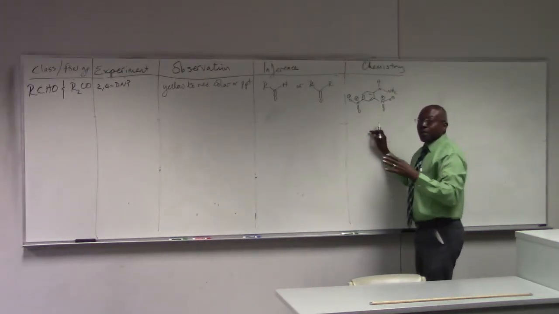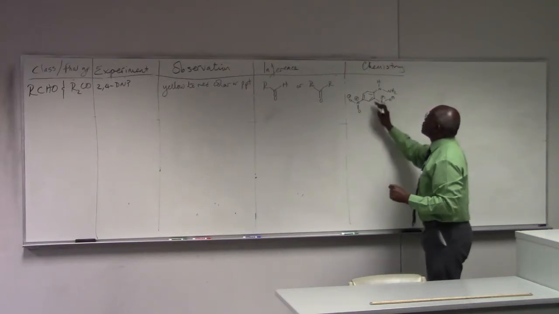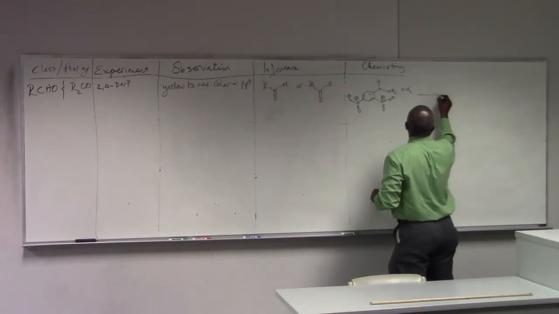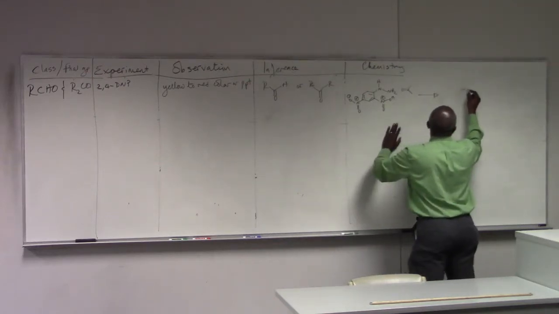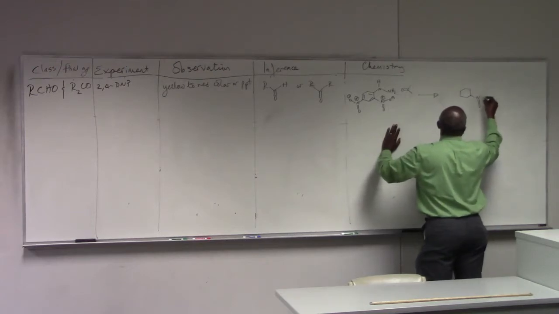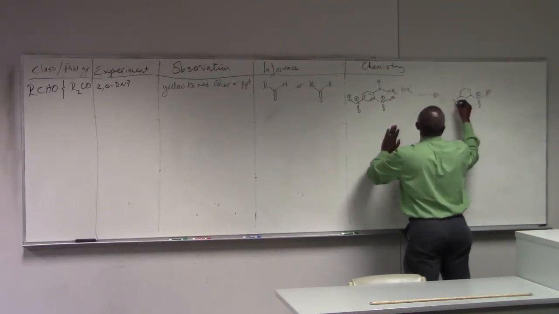We've met this before. We have these in the lectures we posted on aldehydes and ketones. 2,4-DNP reacts with carbonyl compounds to give rise to a product which is the hydrazone.